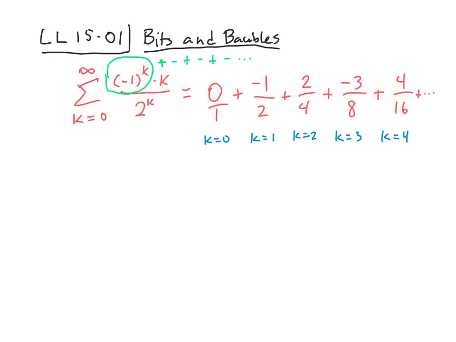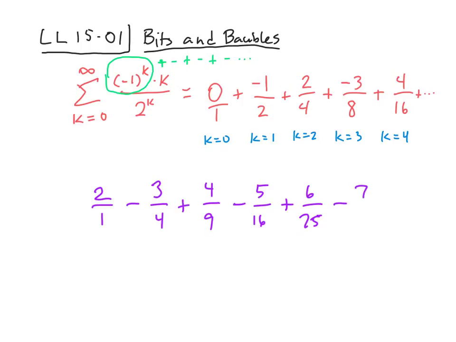I'm going to write 2 over 1 minus 3 over 4 plus 4 over 9 minus 5 over 16 plus 6 over 25 minus 7 over 36, and so on.